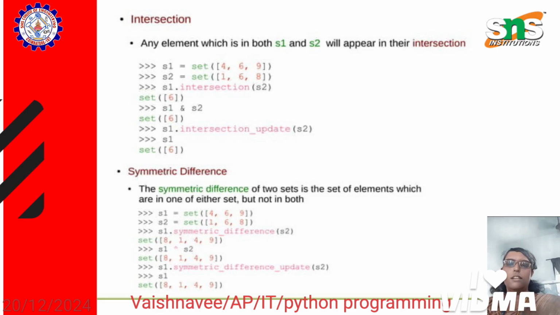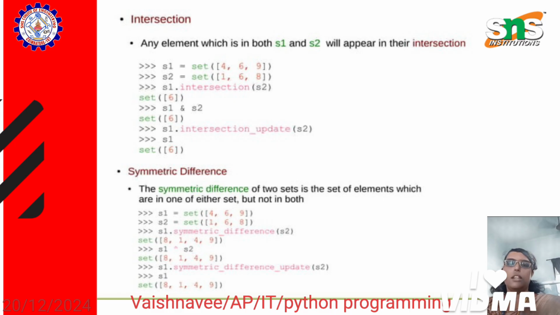So it eliminates the elements repeated in both sets and gives the elements that are in only one of the sets. 1 is only in S2, 4 is only in S1, 9 is only in S1, and 8 is only in S2, whereas 6 is in both S1 and S2.